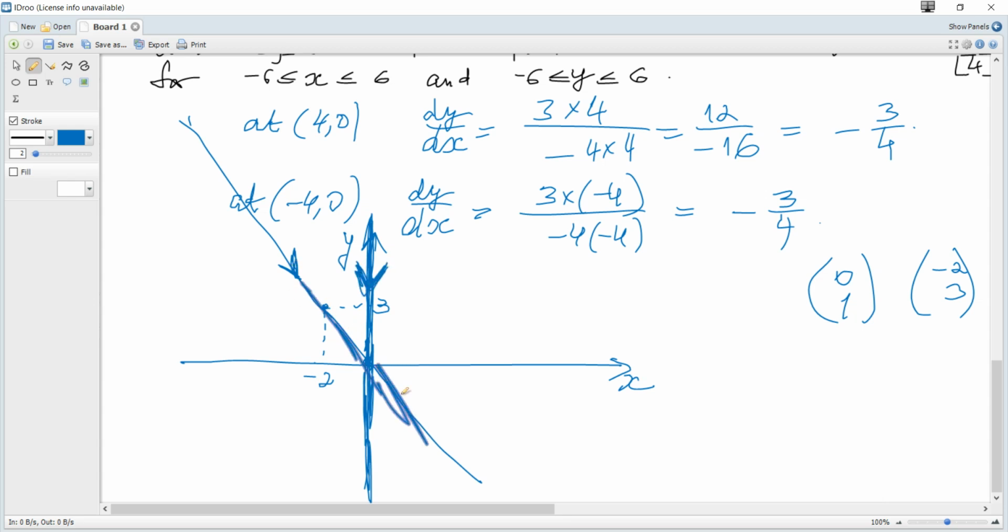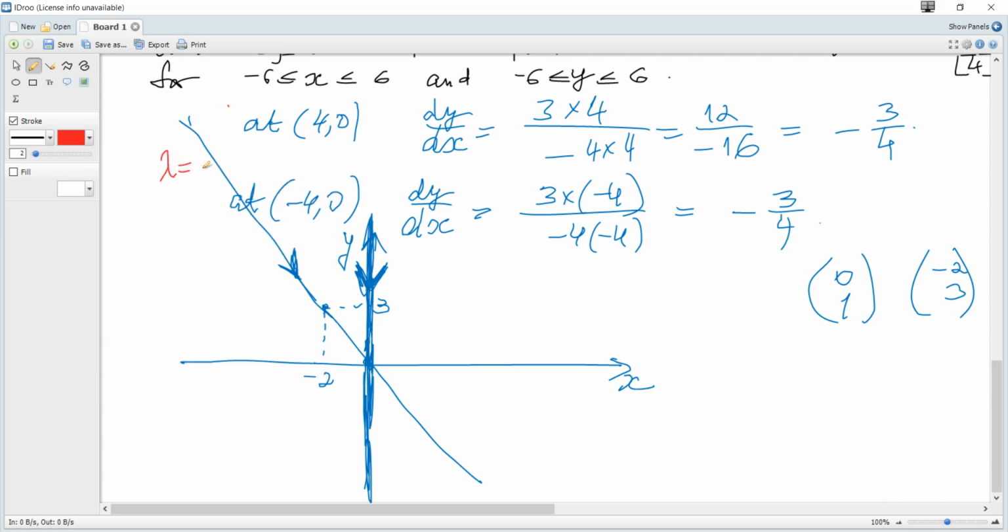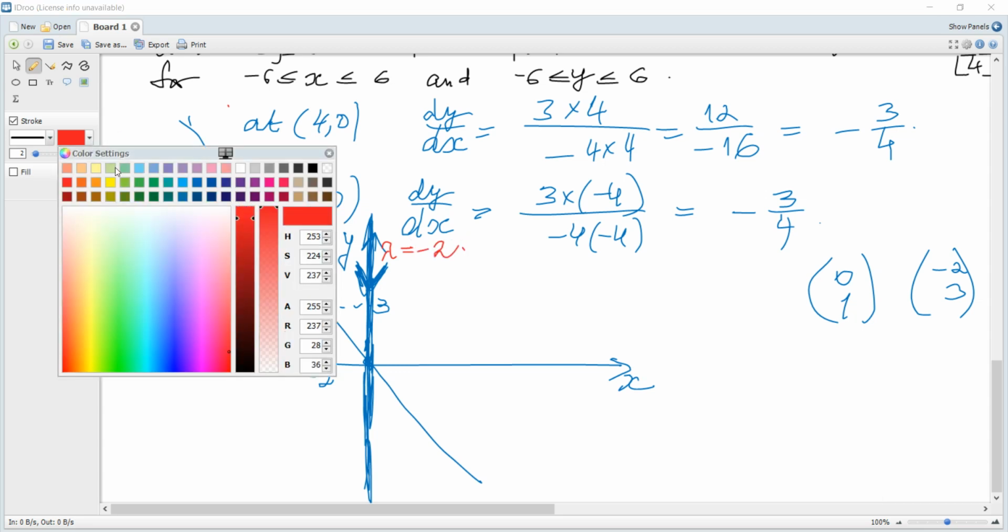And our trajectories will be parallel to the more negative eigenvalue. So this corresponds to lambda, what? -4, and this lambda is -2. So our trajectories will be parallel to -4.